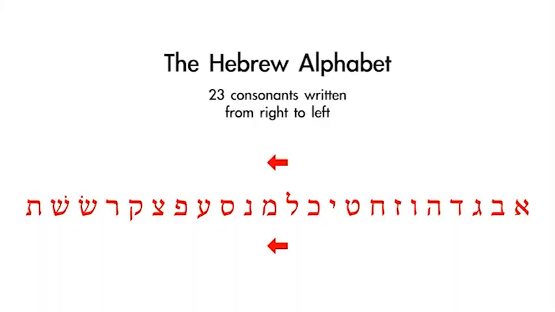There's no need to memorize anything at this point. Just follow along and repeat after me as we work through the 23 consonants of the Hebrew alphabet.